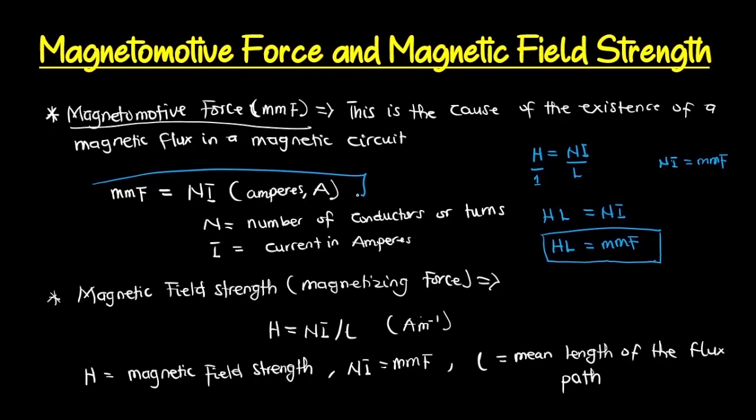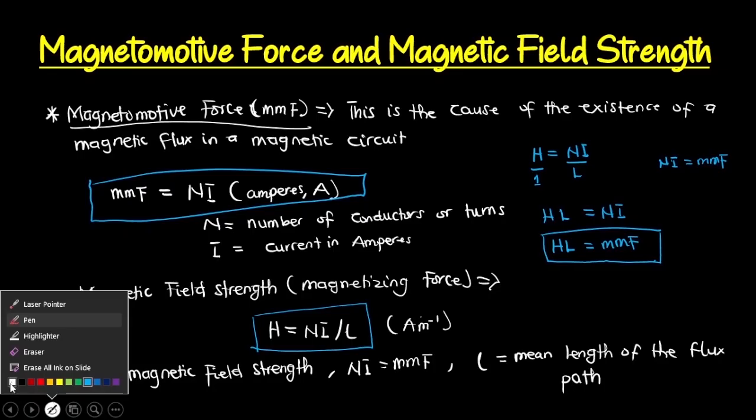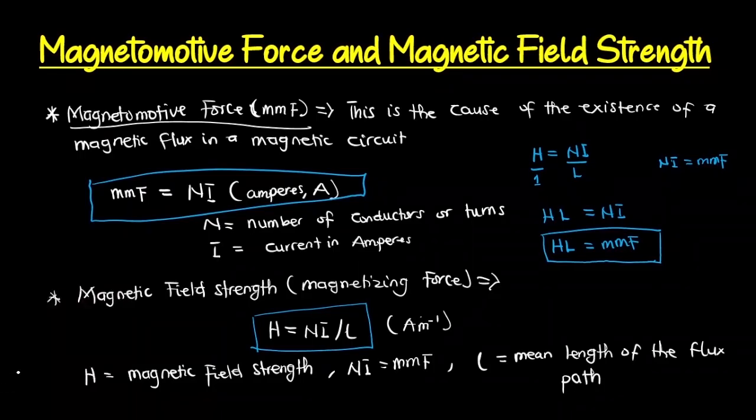And also another formula that we need to take note of is this particular formula: the magnetic field strength H is equal to Ni on L. All right, so now that we have these three formulas in our brain, let's proceed to look at a couple of examples to appreciate what we are talking about as magnetomotive force and magnetic field strength.